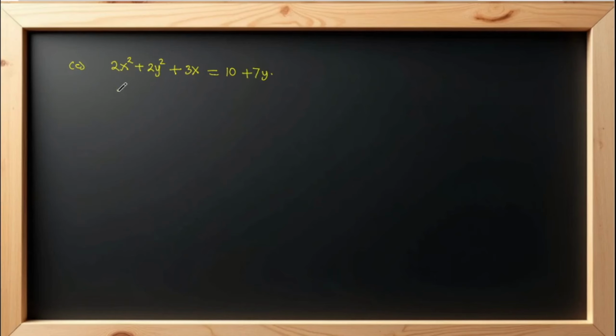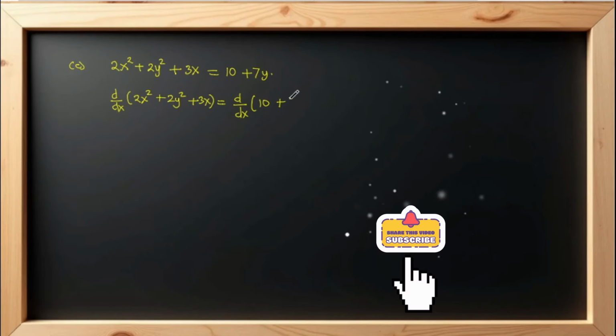Now we can move on and do the same work, where we have d/dx of 2x squared plus 2y squared plus 3x. We're done with the left hand side, we move to the right hand side and also differentiate with respect to x of 10 plus 7y.